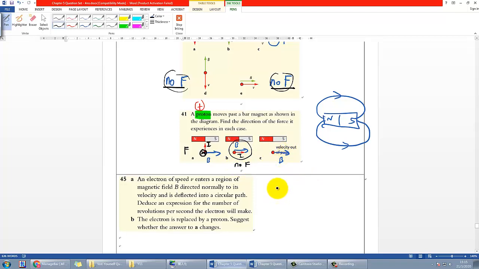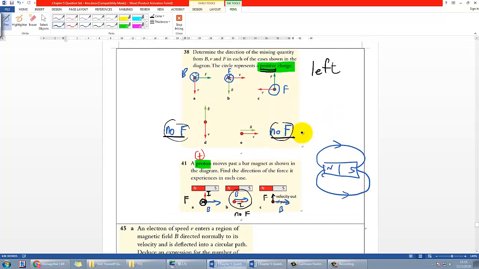For this one, B is going to the right, I is out of paper, so the force would be going up. So this is how you could do it. It should be very simple. You can even solve it in year 10.